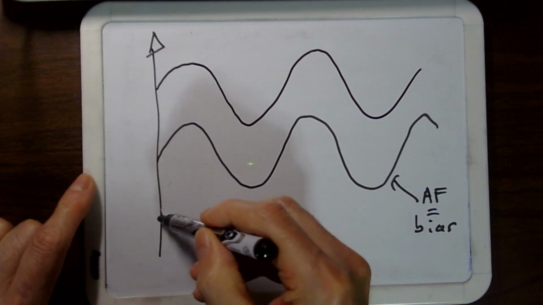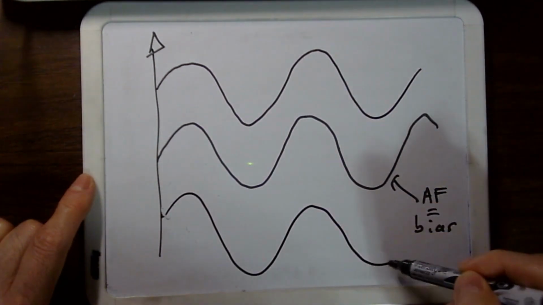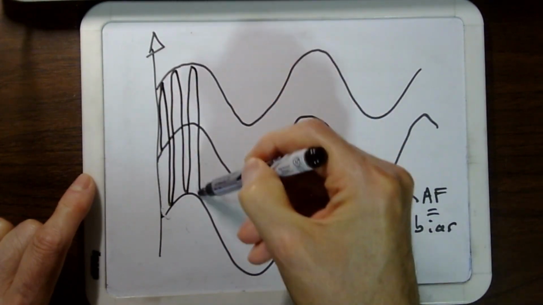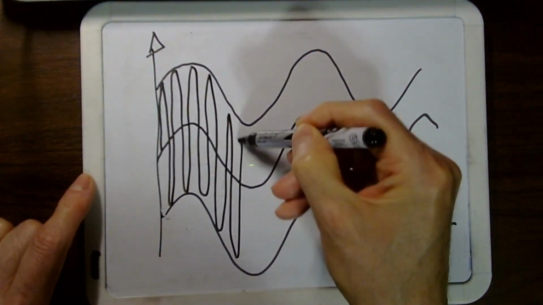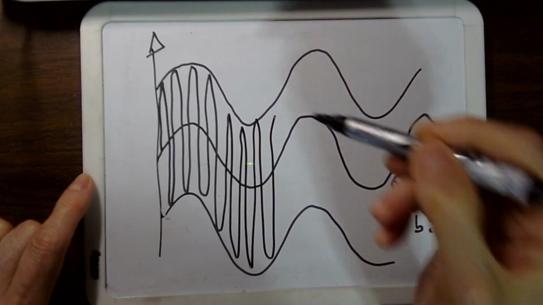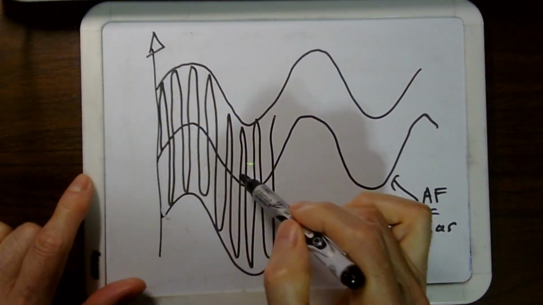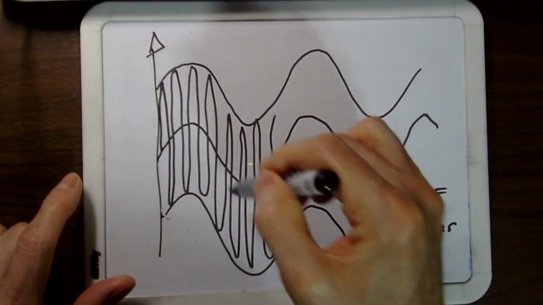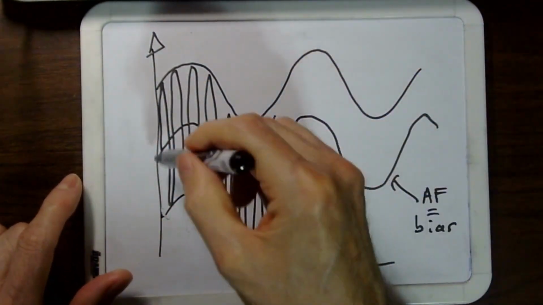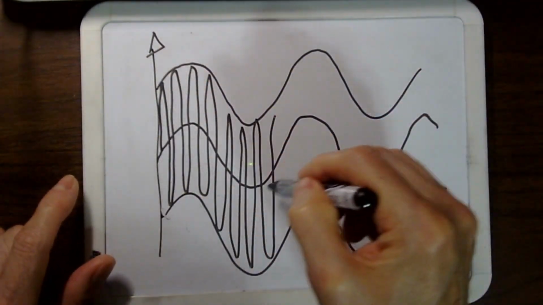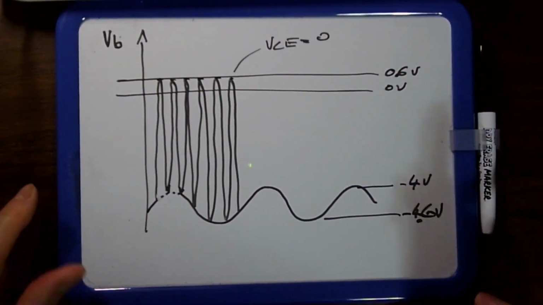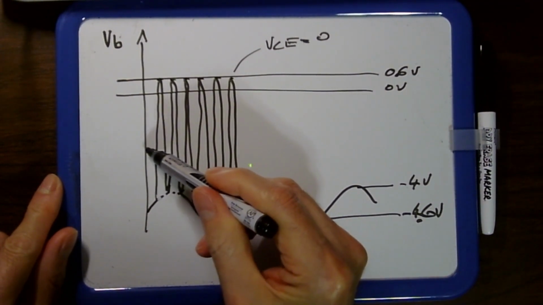It's going to be here. So the bias is still the average of the swings, but now it's modulating. So it's not straight, it's following the audio frequency signal. This is what you see in that signal. So the bias is probably somewhere here.